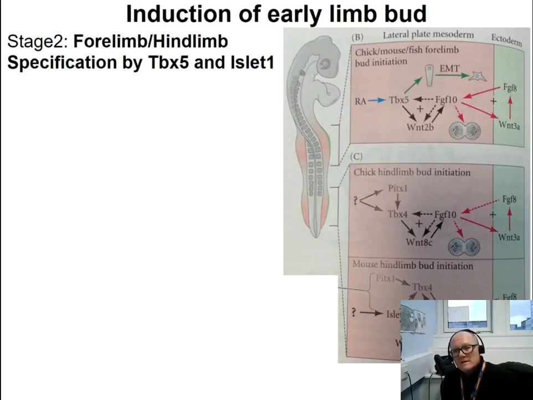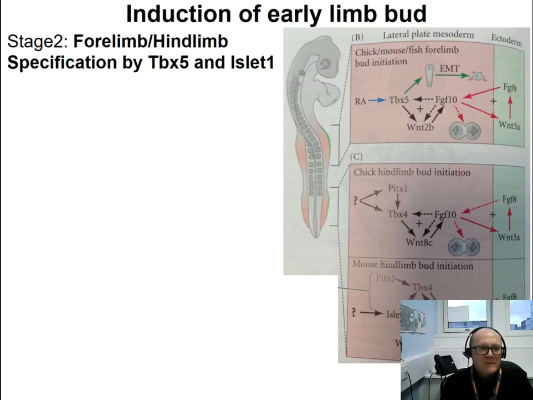The second stage, or the second step in terms of forelimb and hindlimb definition, regards those genes that are expressed almost immediately after the initial definition of the regions that are permitted to become forelimb or hindlimb.